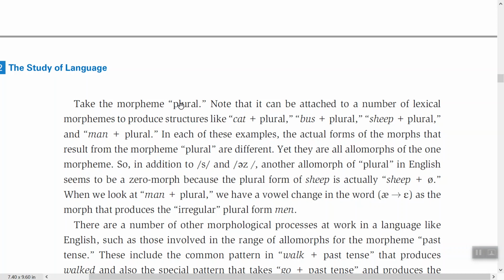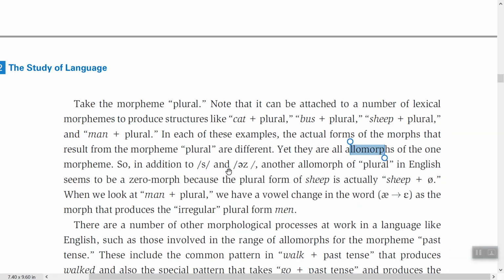All of them are plural. But sometimes we have s, sometimes is, and also sheep, which is plural, and man, which is irregular. Here, in this example, the actual forms of the morphs that result from the morpheme plural are all different, yet they are all allomorphs of one morpheme, the morpheme plural. They are all different realizations.